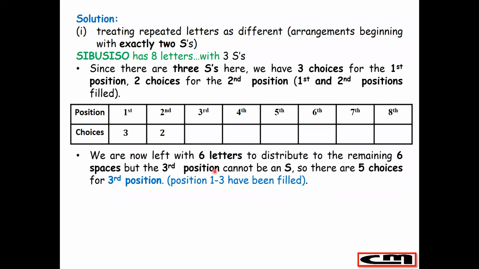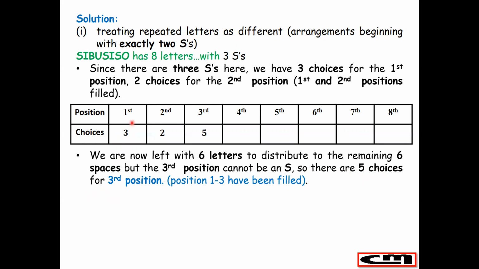But the third position cannot be an S. That means as I check how many choices I have on the third position, I have to make sure that in that position we cannot place an S. So with the 6 letters that were left after filling 1 and 2, in the 6 letters we have an S, and we don't want that S, so we remove it. So in position number 3, we have only 5 choices. This is what it means.